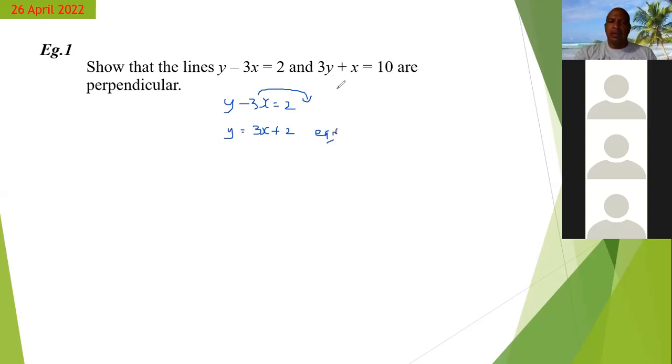All right, so the second one in the form of y equal mx plus c, we would have 3y plus x equal to 10. So first we want to move across the x. So we will have now 3y equal to negative x plus 10.